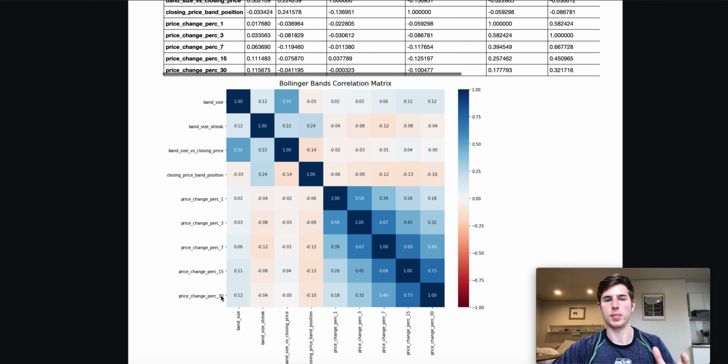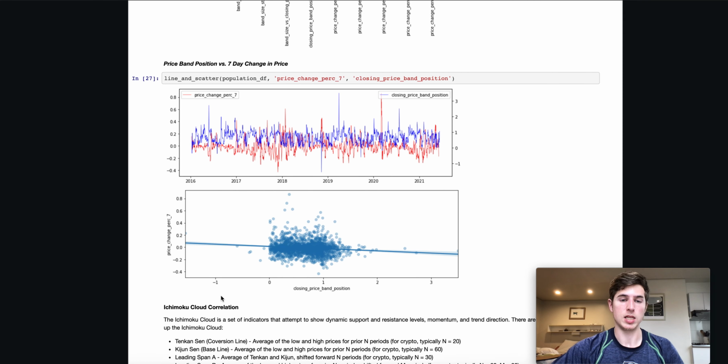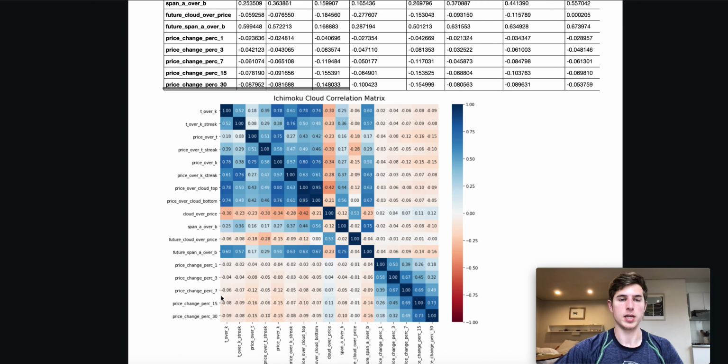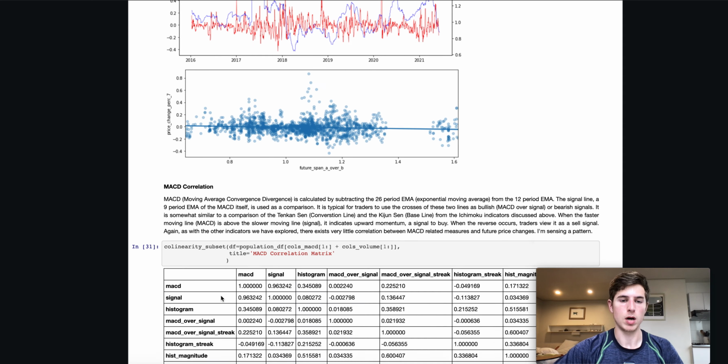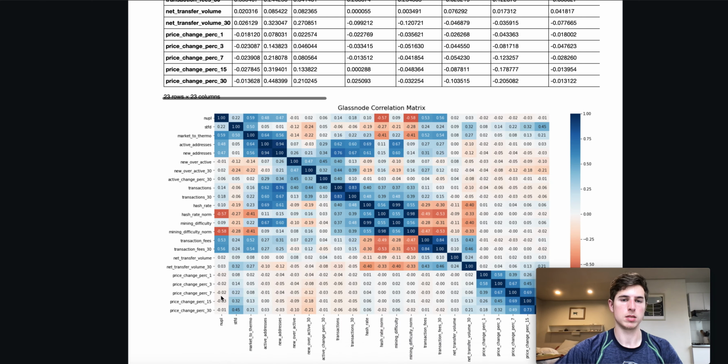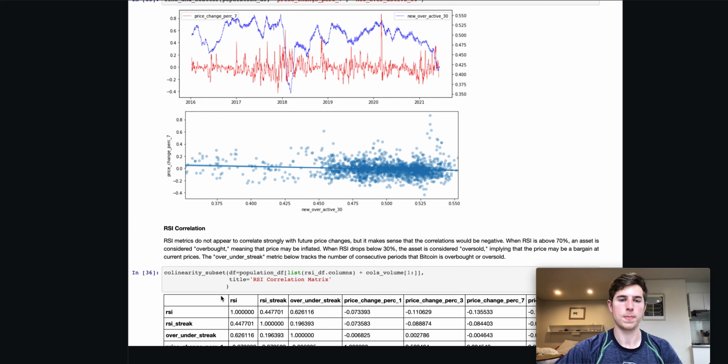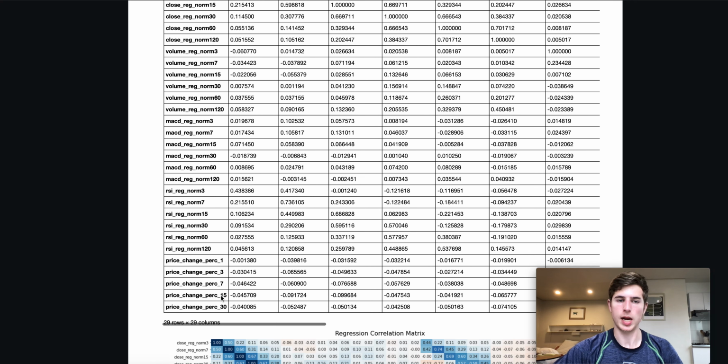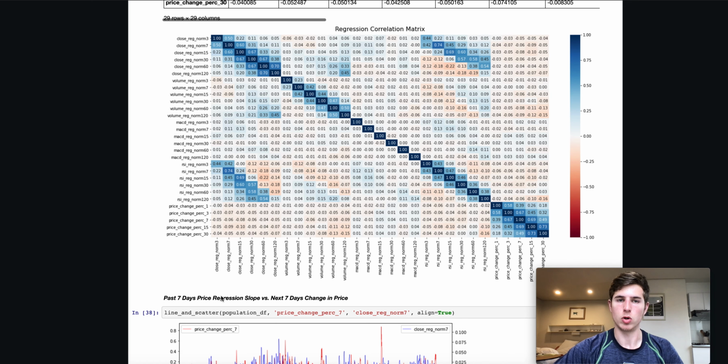So which Bollinger Band metrics are likely to be most useful in the model. And I did this for a variety of different areas, Ichimoku Cloud, all of the MACD and Glassnode information. Any metric that I considered using in this model ultimately was put in here.